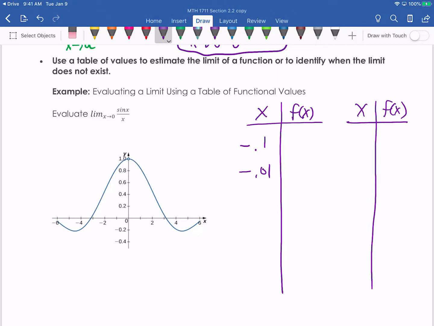Then I'm going to keep picking values that keep getting closer and closer to 0. Because I'm looking at the negative values getting closer and closer to 0, this would be coming from the left side.